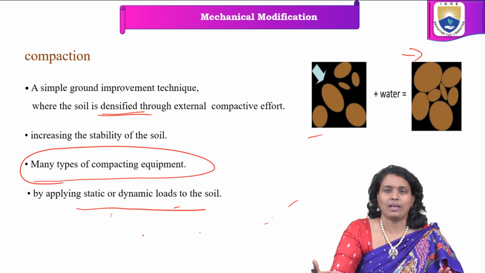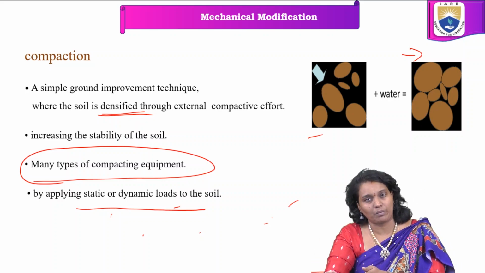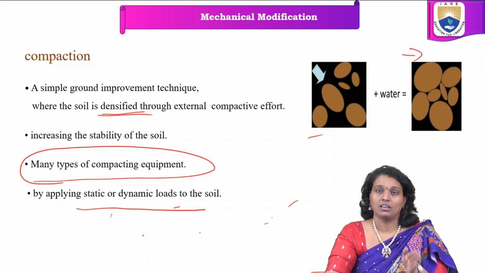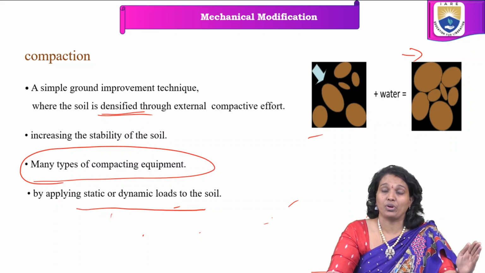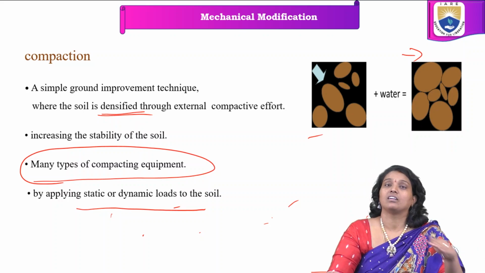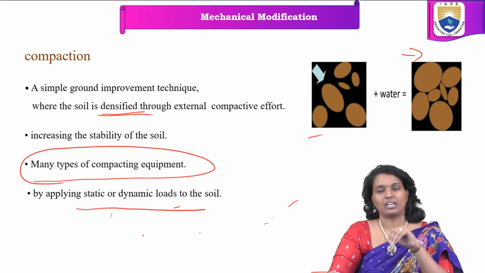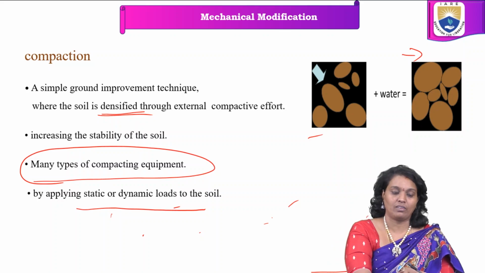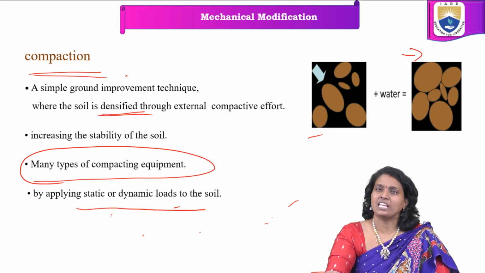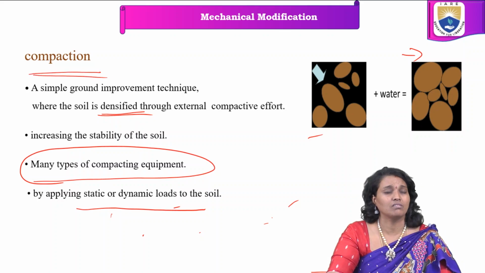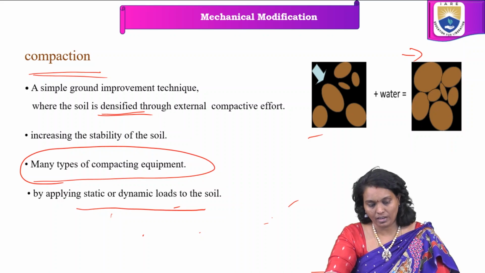At that time, we move to dynamic loads. It depends on which type of construction is chosen and what type of construction is done in the particular region. Like that, we are doing compaction as a mechanical modification for ground improvement.